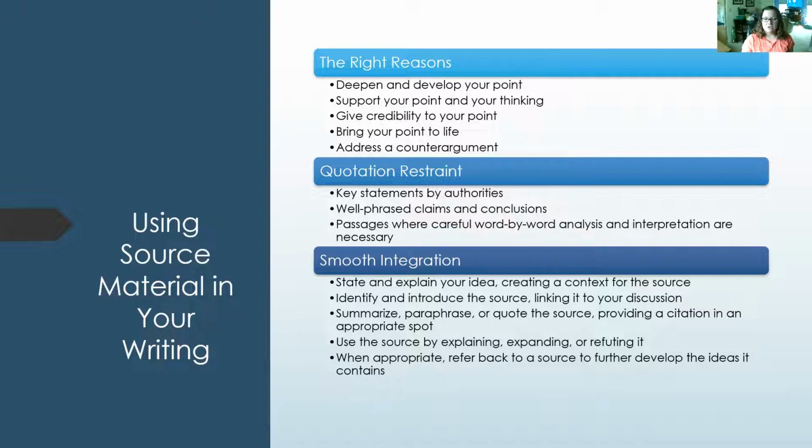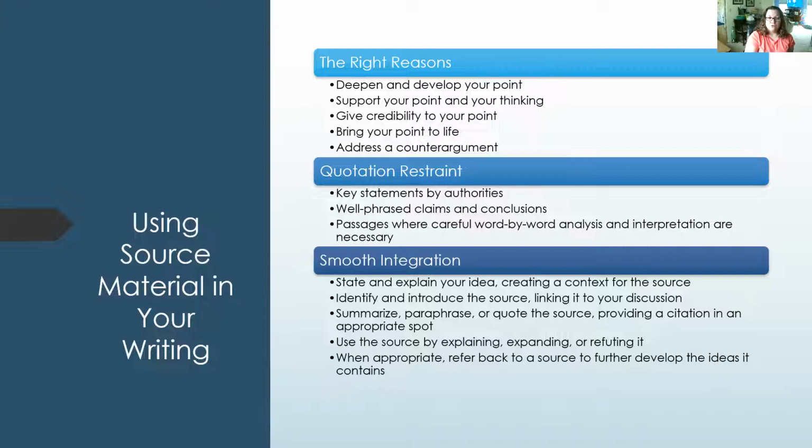Most of the time, though, you want paraphrase and summary. Remember, those direct quotes should be used sparingly, only when necessary. You want smooth integration. You want to start each paragraph with your own transitional topic sentence, your own ideas.